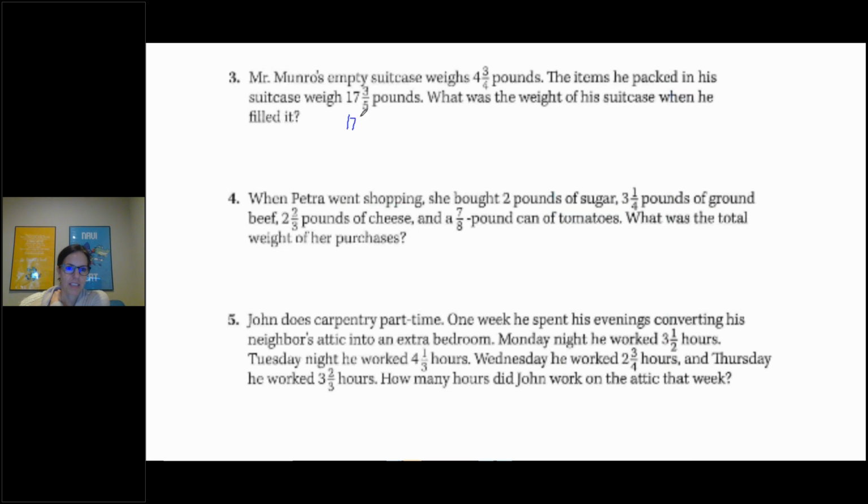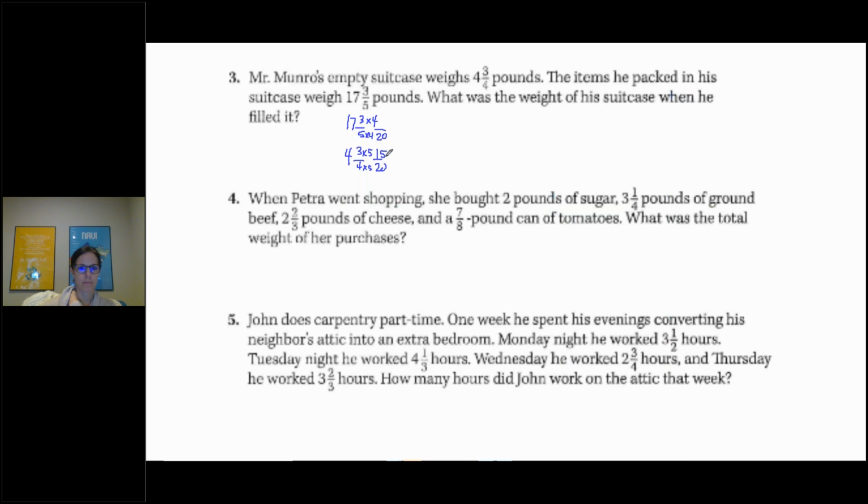All right. So 17 3/5, 4 3/4. What's your common denominator? It's 20. So 15 over 20 and 12 over 20 gives you 27 over 20.